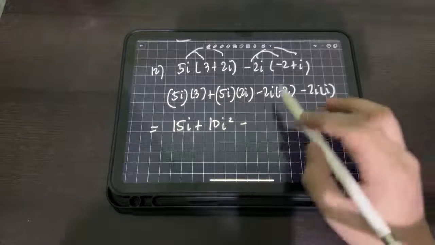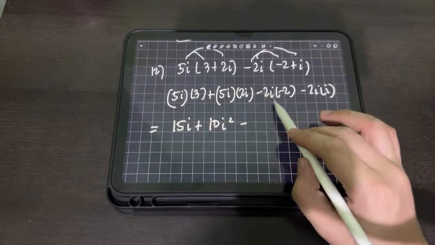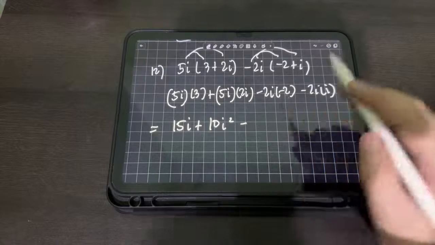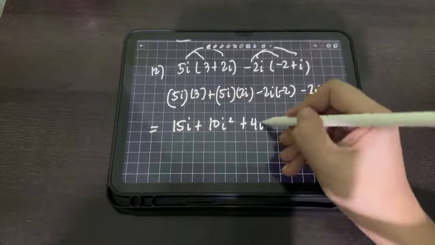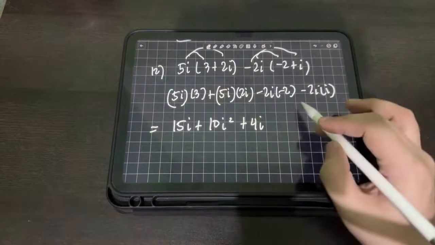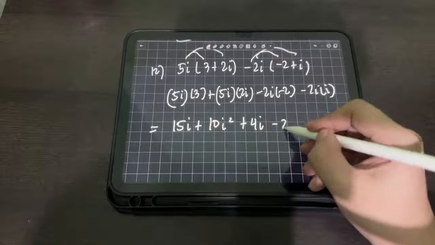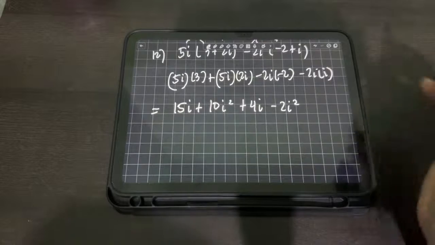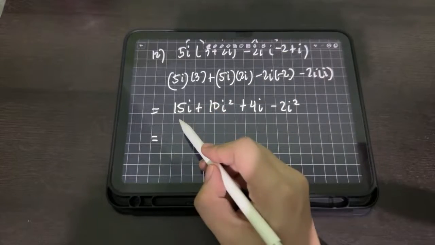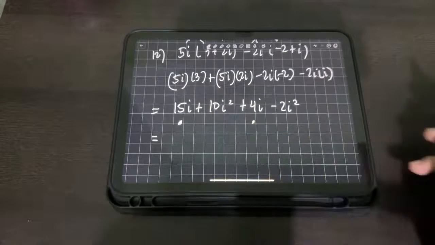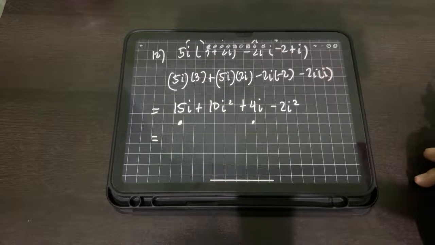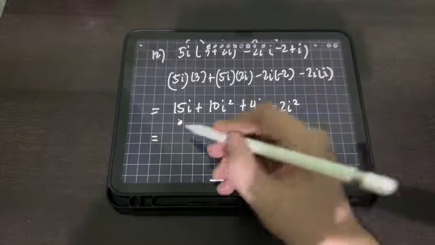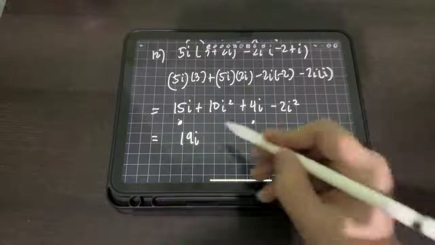Then minus negative 2i times negative 2, so actually it will become positive 4i. Then negative 2i times i, negative 2i squared. So we can combine 15i plus 4i. They are similar terms, so that will be 15 plus 4, 19i.